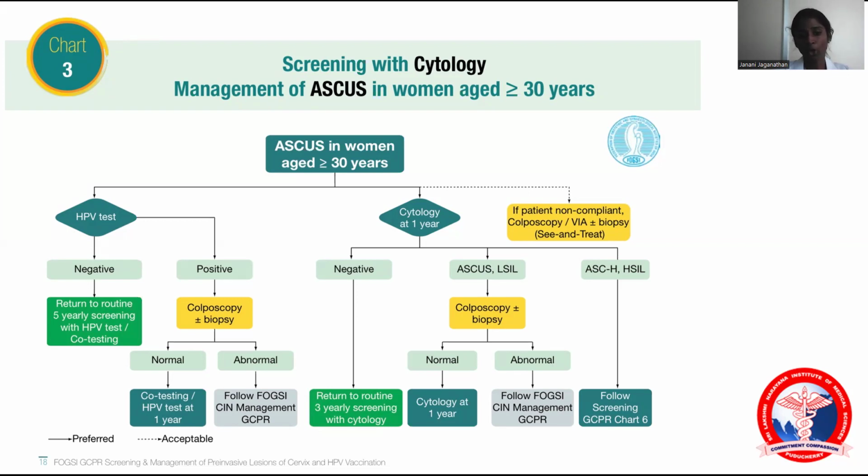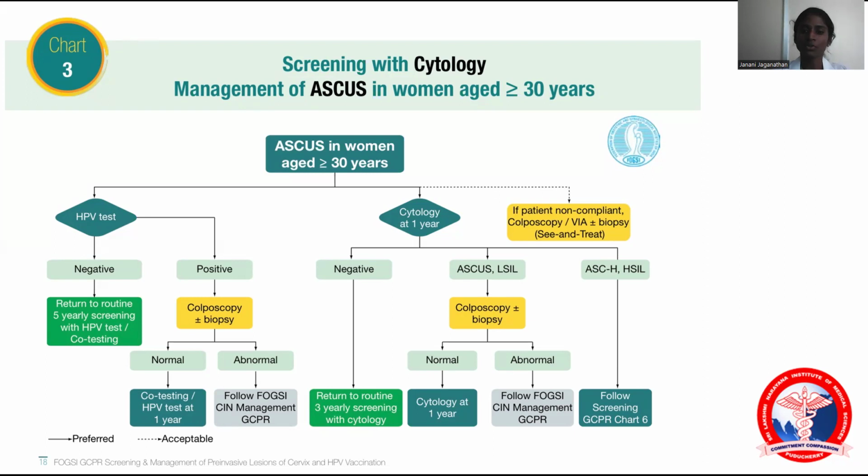If colposcopy and biopsy come as normal, then co-testing with HPV test at first year has to be done. If colposcopy shows abnormal area, you have to follow the management that will be seen in later slides. Or else cytology at 1 year has to be done. If cytology is negative, you return to routine screening.